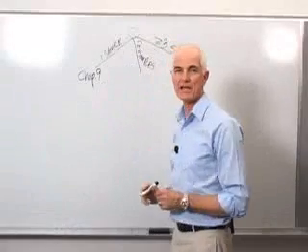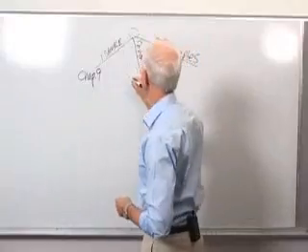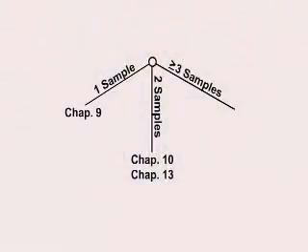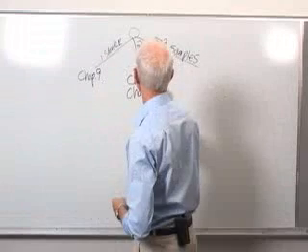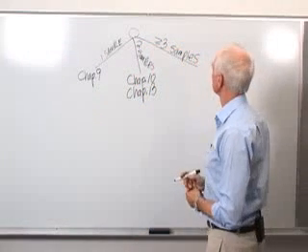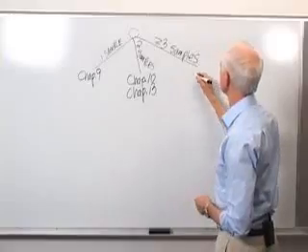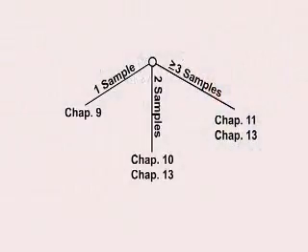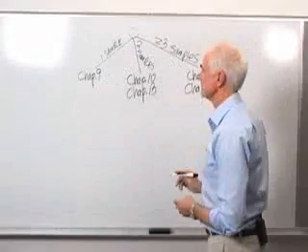The 2 sample hypothesis testing techniques are presented in Chapters 10 and 13, depending on the level of data. 3 or more samples in hypothesis tests are presented in Chapters 11 and Chapter 13.